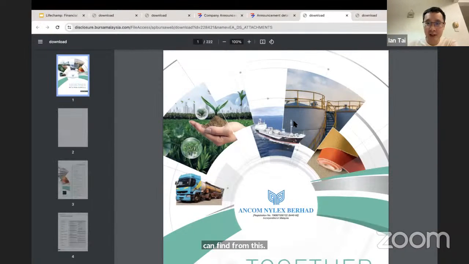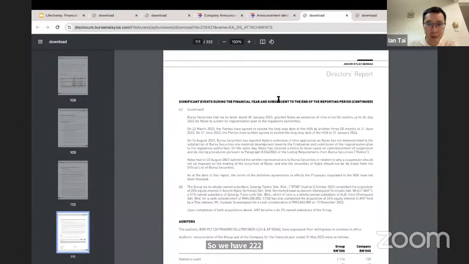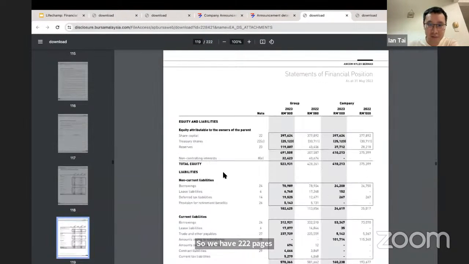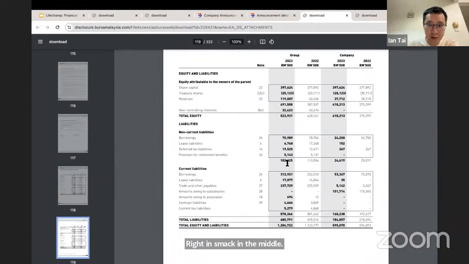So we have 222 pages, right in smack in the middle. And let's take a look. All right. So in terms of non-current liability, take this. You can divide by this or this, whichever you prefer.